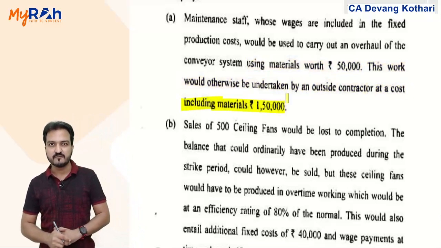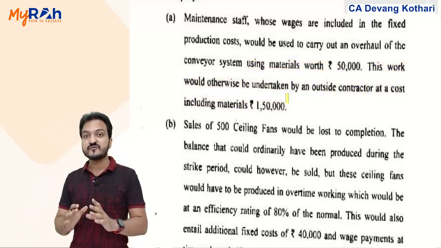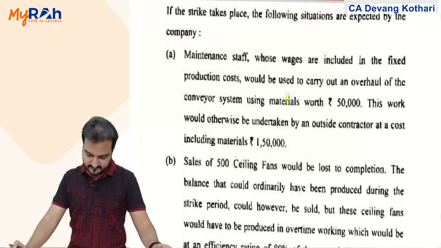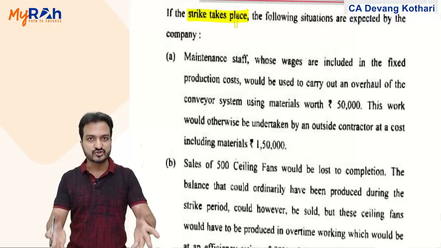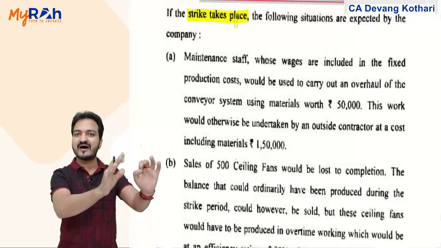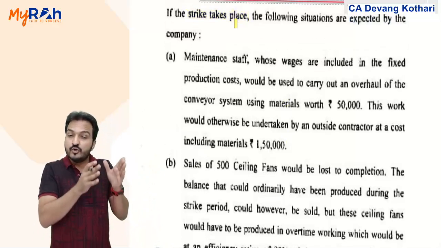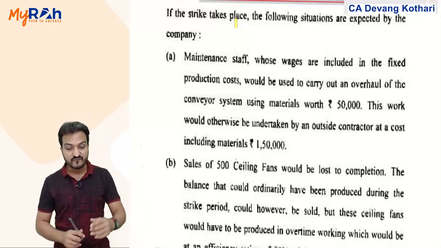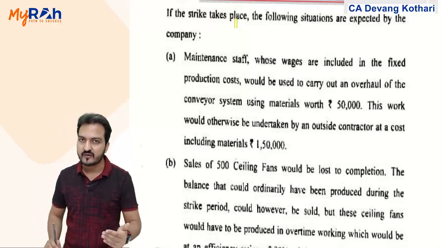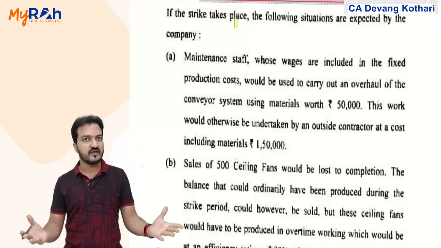Now what does this mean? If there is a strike, then your production is stopped. Your production workers are going on a strike. Then during the strike period, what will your maintenance staff do? If the production staff has gone on strike, then maintenance staff is sitting free.